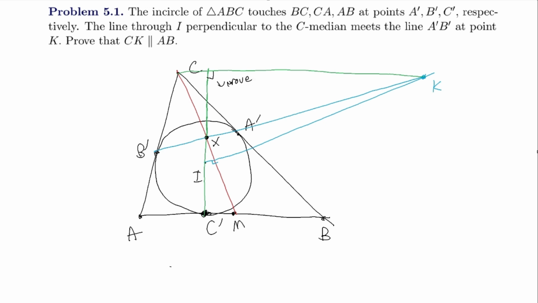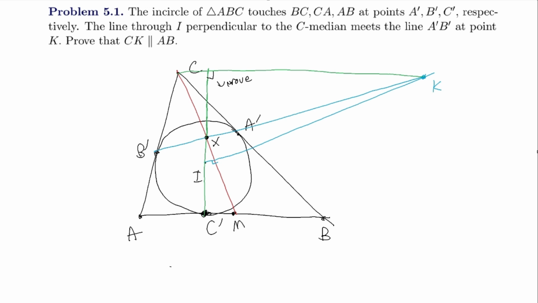Okay, so what can we say about the point X? Well, we know that the point X does lie on the altitude, and we know that this angle here is also a right angle. So we have the intersection of two perpendiculars. So we have a perpendicular from I to CK, assuming the problem statement is true, and a perpendicular from C to IK.